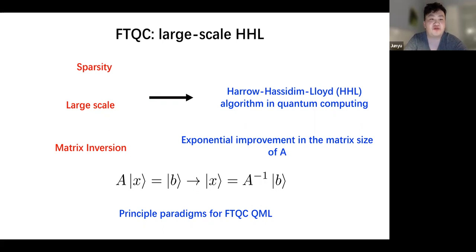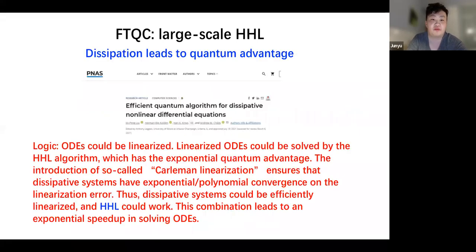It requires, firstly, sparsity, and also matrix inversion on a large scale. We find that those features might be suitable for actual gradient descent type calculations in classical machine learning, where we could adapt this algorithm as an important subroutine. The idea is from the following observation.